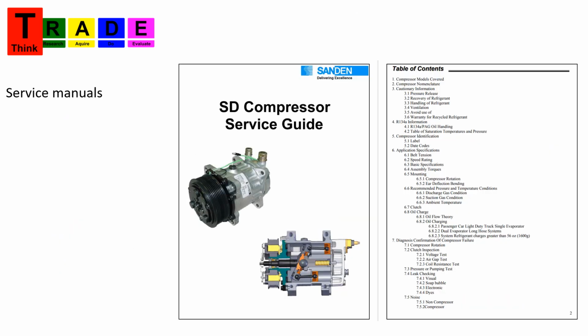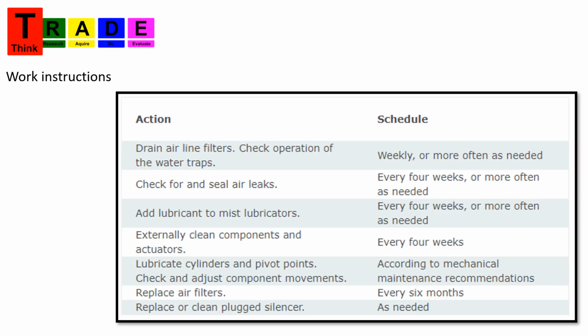Here's an example of a service manual I got from a supplier's website. Here's an extract from one of our work instructions on maintaining our internal pneumatic system. Here we can see information on weekly, monthly, and 6-monthly service activities on our pneumatic system.